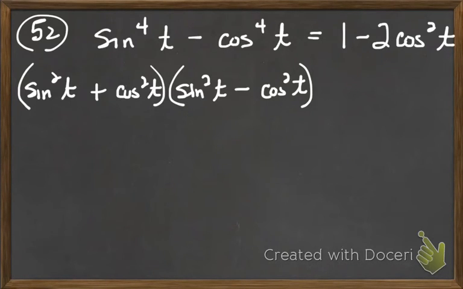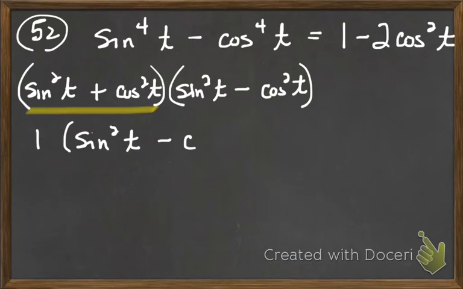So sine to the 4th minus cosine to the 4th factors. The reason that is helpful is because that gives us some sine squareds and some cosine squareds. And this first one is actually a Pythagorean identity. What is equal to sine squared plus cosine squared? A 1. So you can replace that with a 1. Makes the problem simpler.